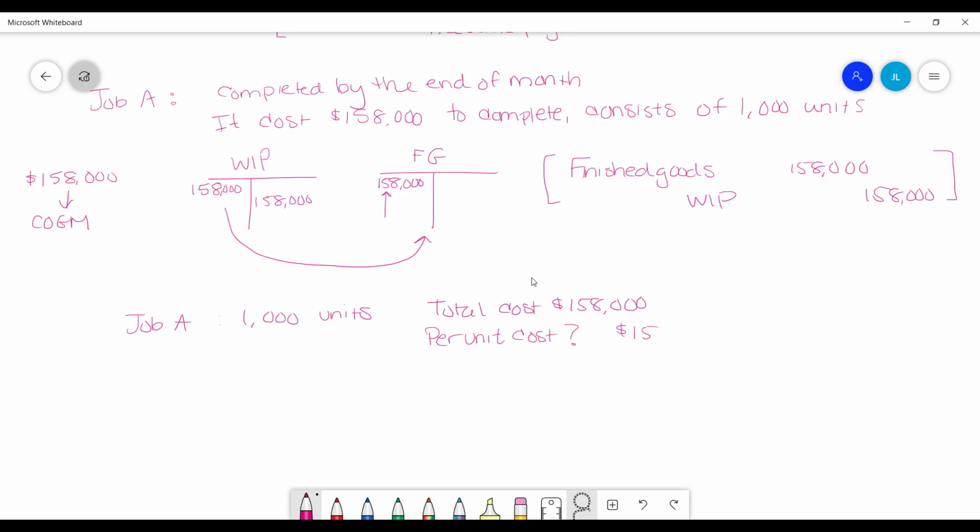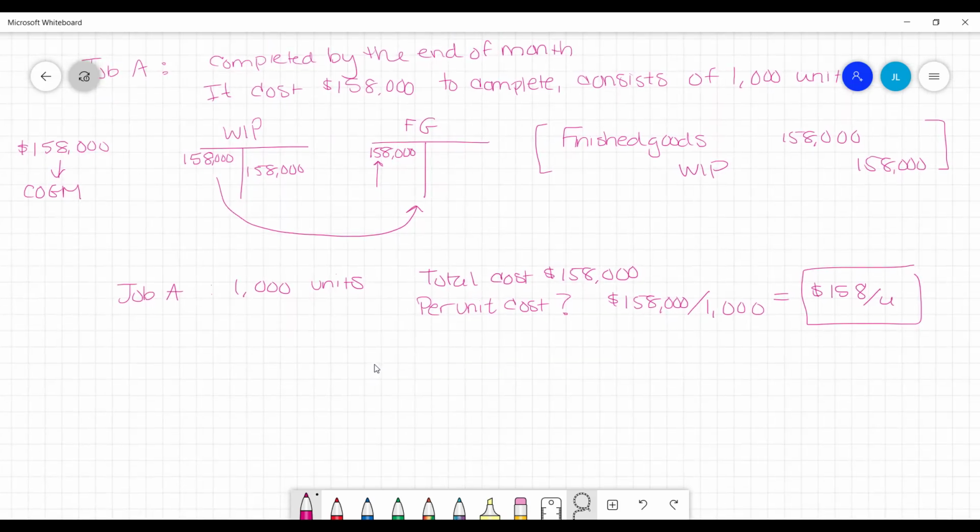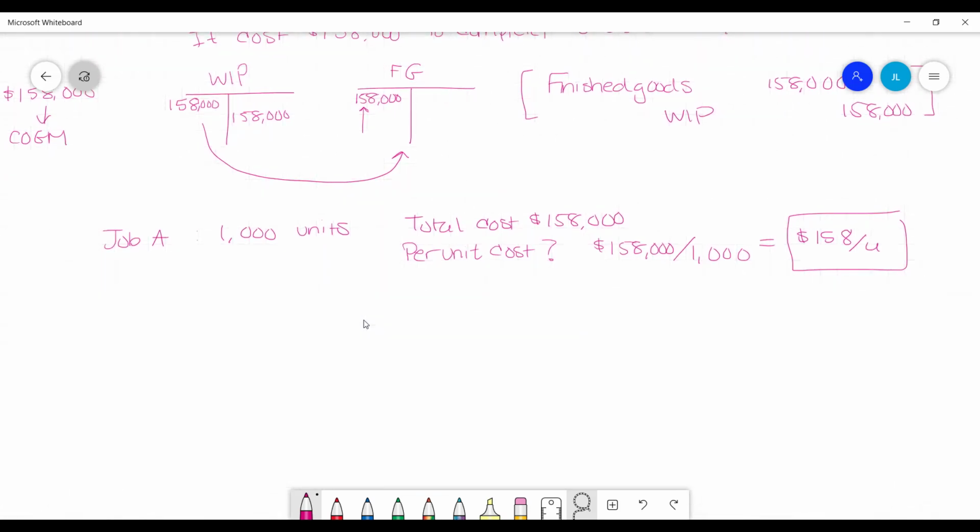You simply take that total cost and you divide it by the number of units. So that means that the per unit cost of every unit in job A is $158. So what happens if now we sold 750 units of job A?